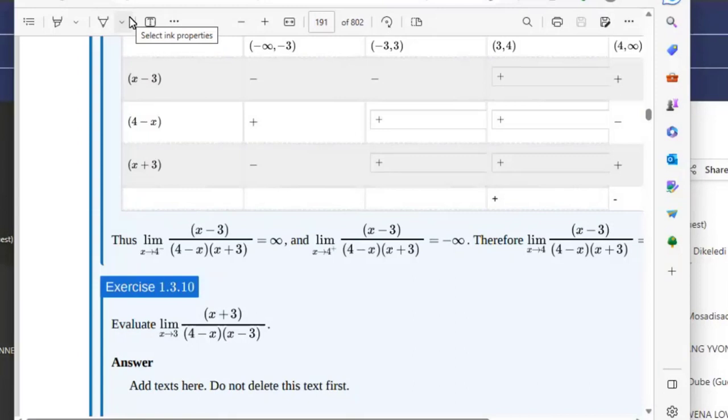Therefore, we conclude that what will be our answer, which Marvin did get? Yeah, so I had said the limit is negative infinity.